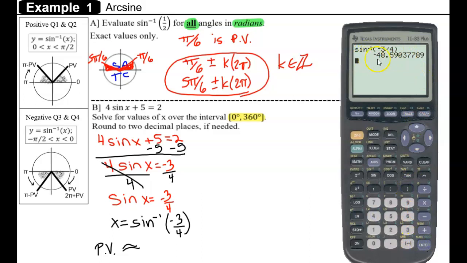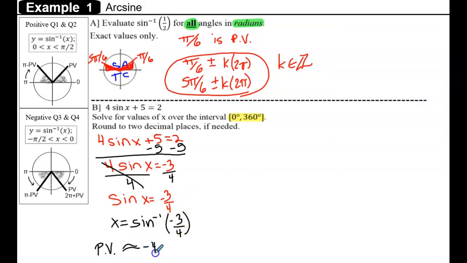Rounding to 2 decimal places, that's -48.59 degrees, and that's our principal value. And we're going to use that principal value to find our solutions over the interval 0 to 360.